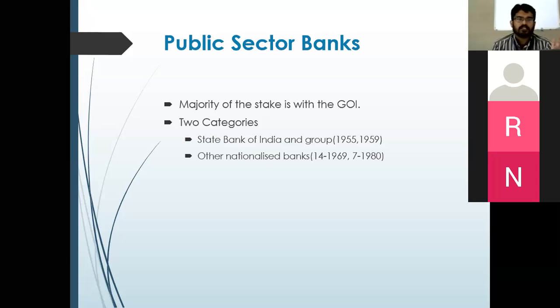In the year 1921, these three banks merged, and they formed a bank called the Imperial Bank of India. In the year 1955, this Imperial Bank was converted into State Bank of India under the State Bank of India Act. And that is how State Bank of India was nationalized.